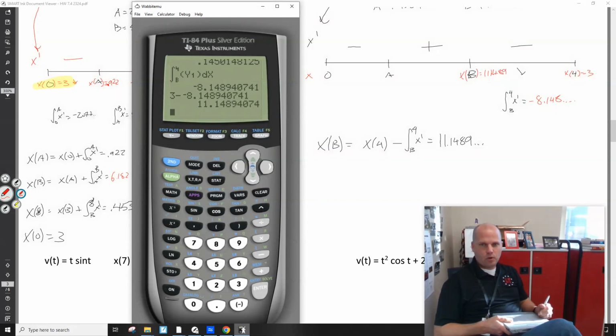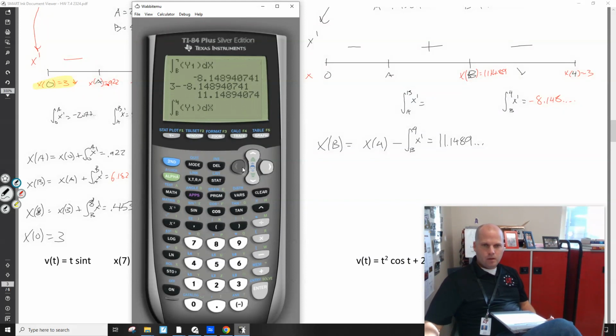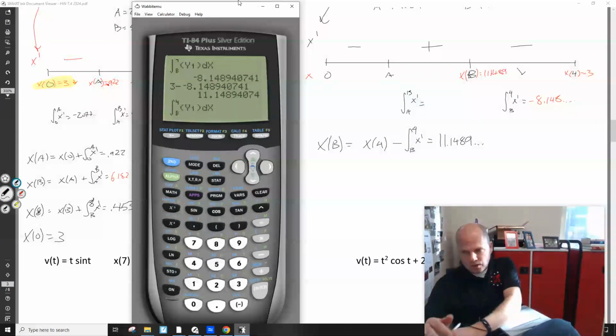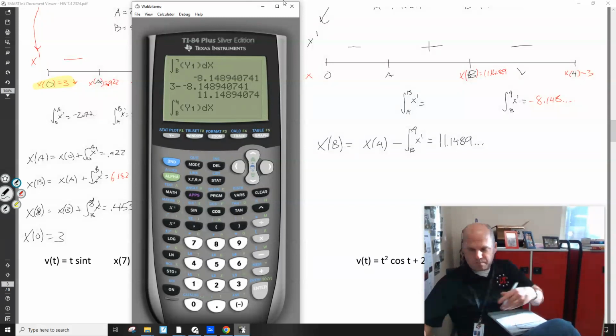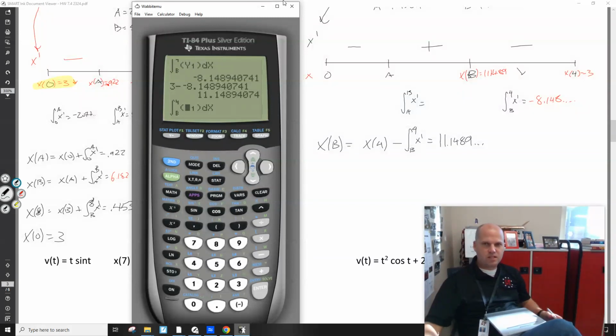That number's stored. Now let's find the accumulation of my derivative from a to b. Accumulate your derivative and you'll know how much your original function is changing. Accumulate your feet per second over your interval of seconds. Feet per second times seconds are feet. This is important.